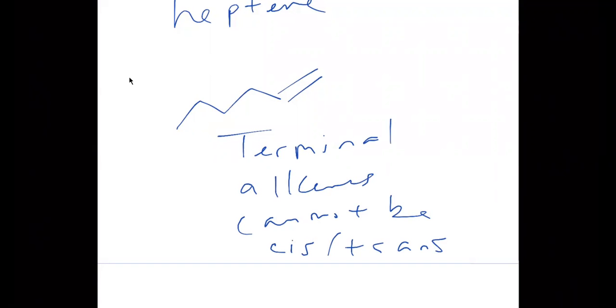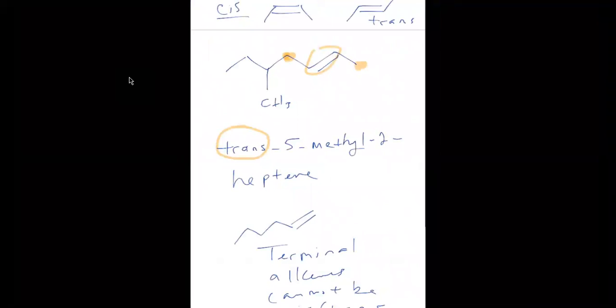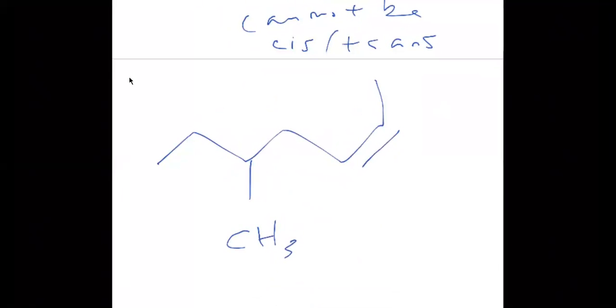So how would I draw the cis version of that? Let me show you, and then we can talk about it. And then we're going to move on to something else. You see the difference?